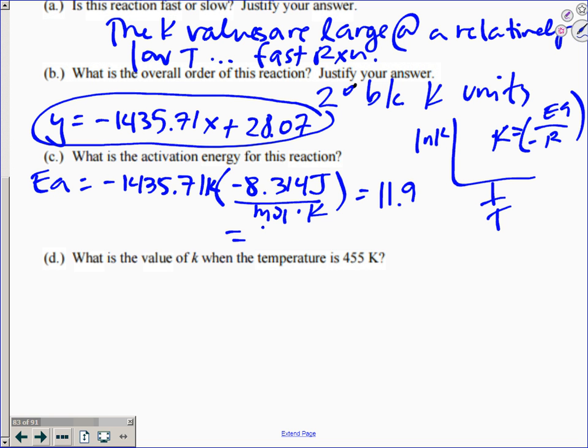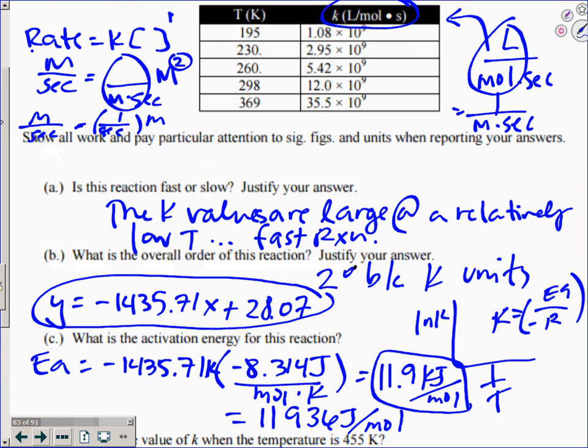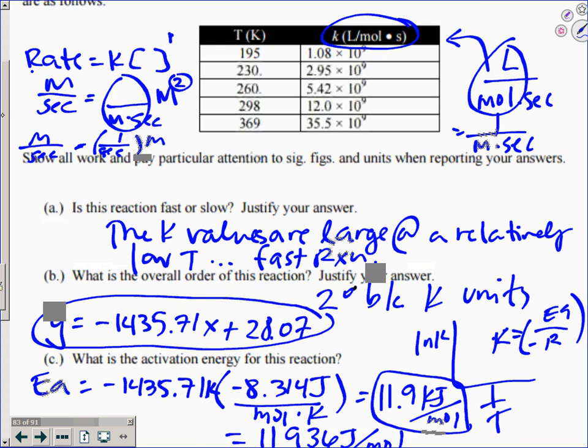But originally you got like 11.936 joules per mole. So we rounded. I went to kilojoules because usually if you have a large number over 1,000, you're probably going to get kilojoules. Sometimes it's difficult. Look at your data. Looking back at your data, everything was to 3, so we recorded them all to 3.